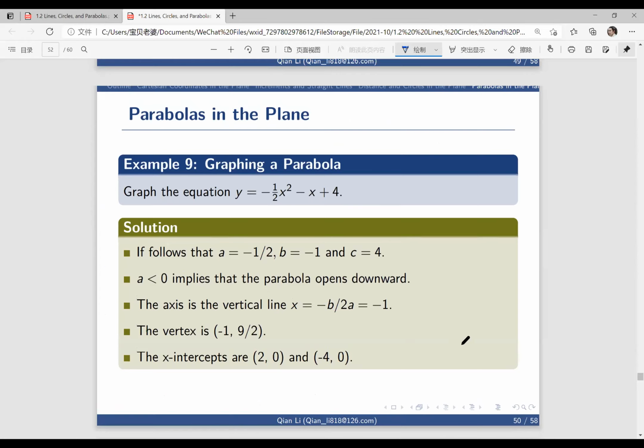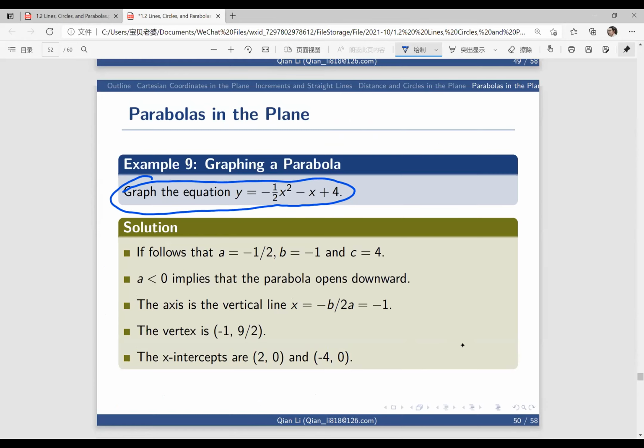The following parabola means, let's say, graph the equation of this parabola. Okay, the first, in this equation, a is equal to -1/2, right? a is equal to -1/2, and b is -1, right?